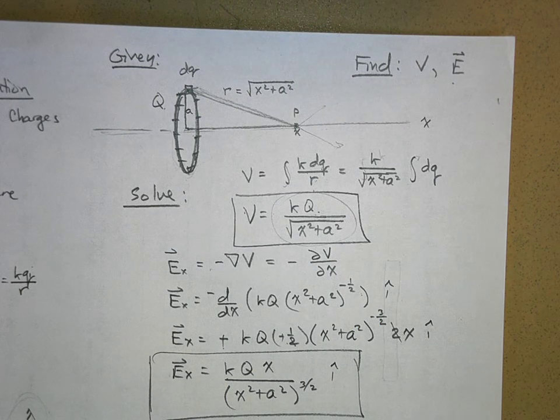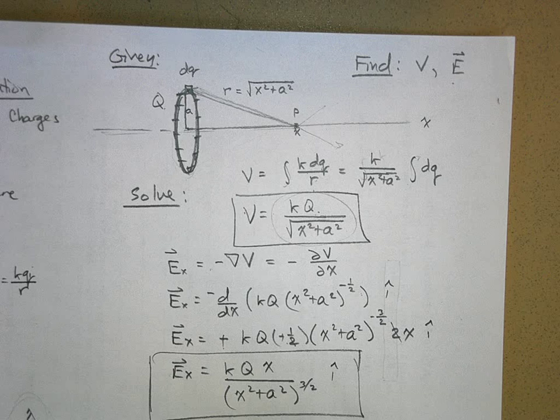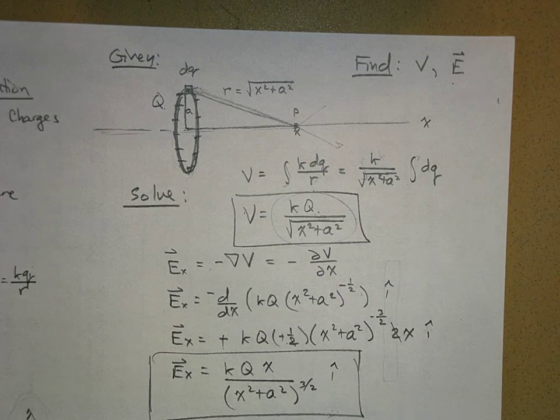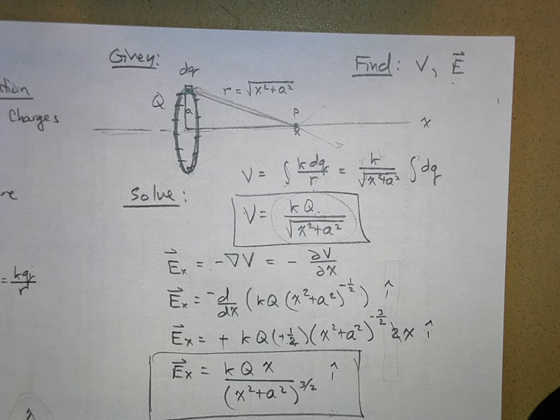And it really does work. And you can check this. This is what we got a couple weeks ago, or I don't know when we actually did it. All right, so let's do another example problem.